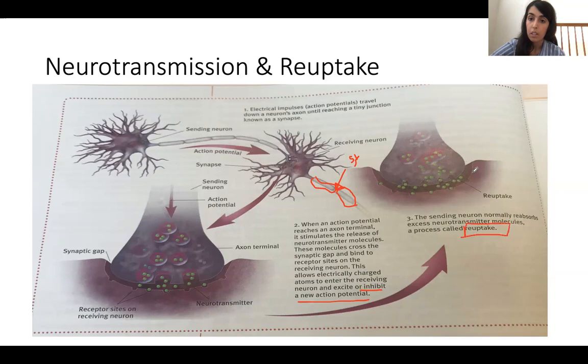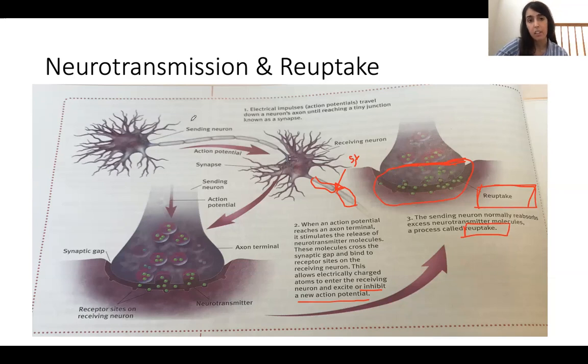So here we can think of the neuron actually reabsorbing neurotransmitter molecules in a process that's called reuptake. So this is reuptake. Okay, and then from there, those are the three processes of neurotransmission as well as reuptake.